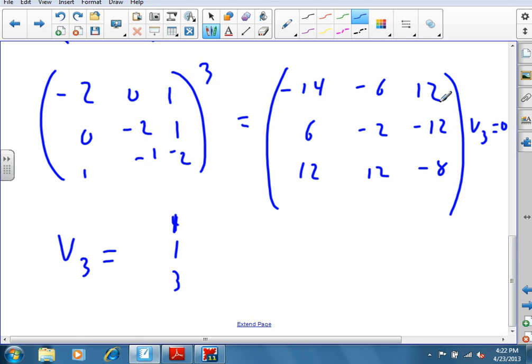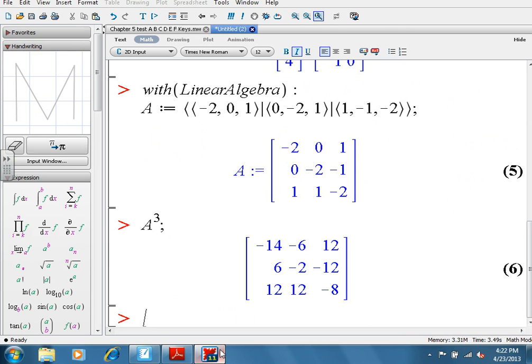I wonder if Maple would solve it for us. Solve. Times V1. Oh, it won't do that. It's not going to do that.